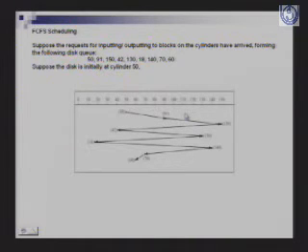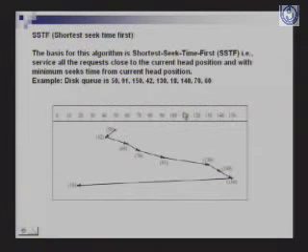Then there is another scheduling policy called SSTF, that is shortest seek time first. Once again we take the same example as given in the first example. This policy services all the requests close to the current head position.